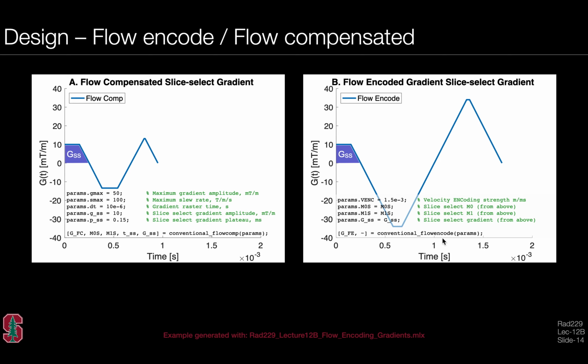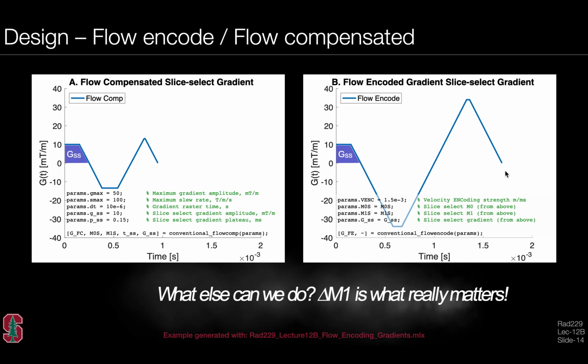We can again algebraically solve for the gradient waveform events, and we'll see that we get a gradient waveform that looks significantly like a bipolar, so it's adding quite a bit of M1, if you will, but it's also longer in duration than the flow compensated gradient alone. So it goes from about 1 millisecond to over 1.5 milliseconds. So that's a 50% increase in time, which adds up considerably when you scale it across an entire image acquisition.